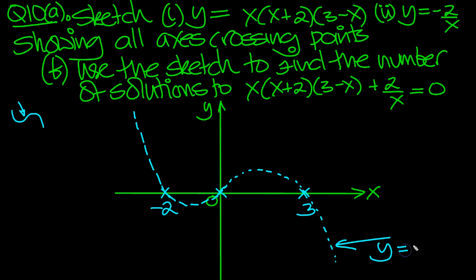Y equals x plus 2, and then 3 minus x, wasn't it? Okay, there's the cubic curve then here. Now we need to draw the other curve, the minus 2 over x. Well, the 1 over x is easy to draw, so let's just draw that in.